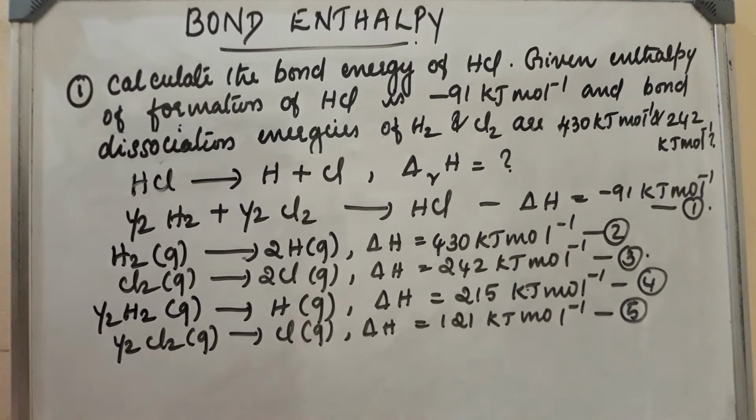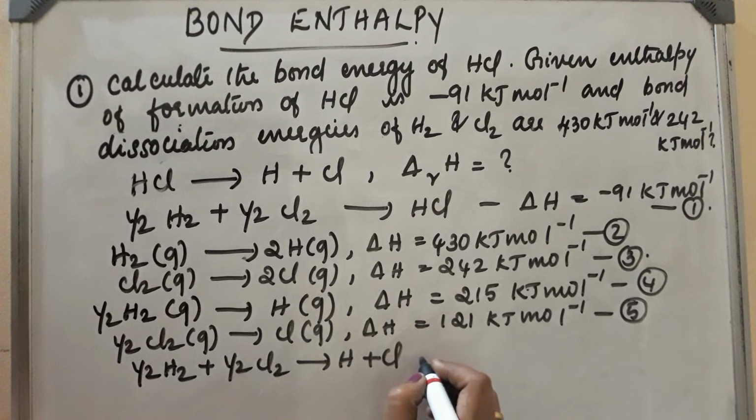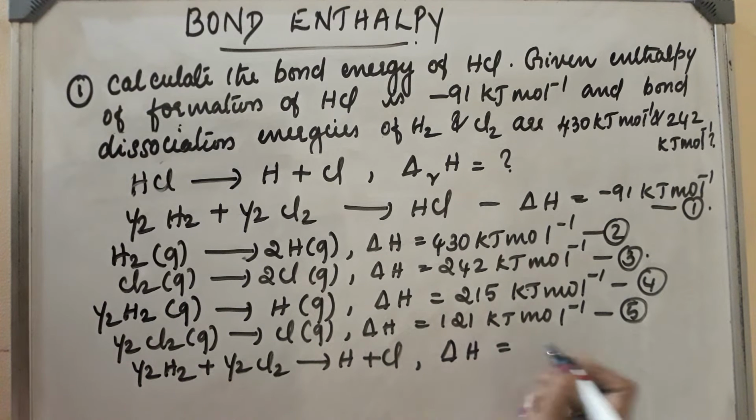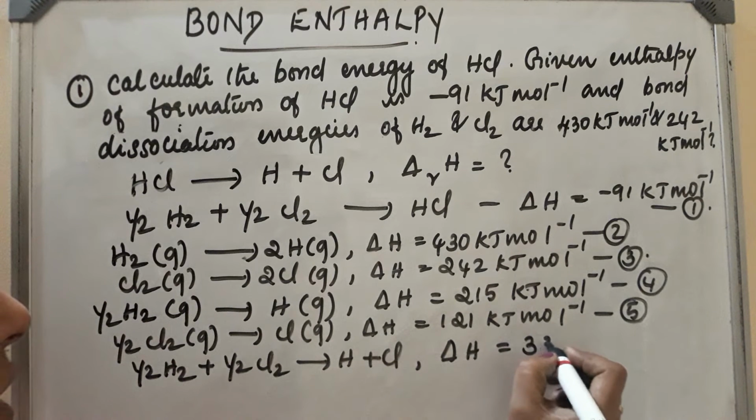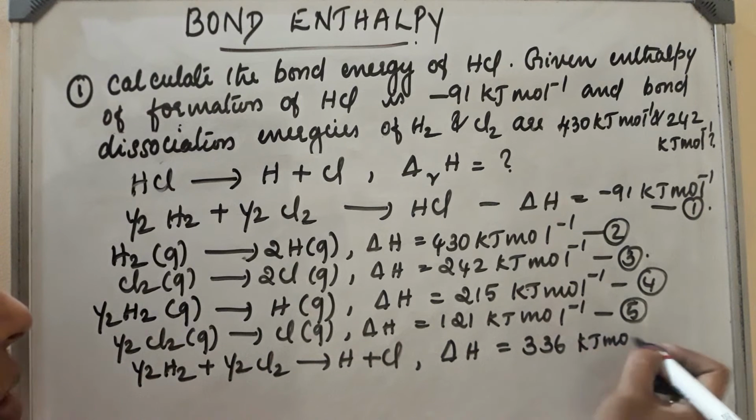Fifth equation. Next, we have to add these two equations, 4 and 5. Then half H2 plus half Cl2 gives H plus Cl. Adding these two, 215 plus 121, delta H will be equal to 336 kilojoule per mole.